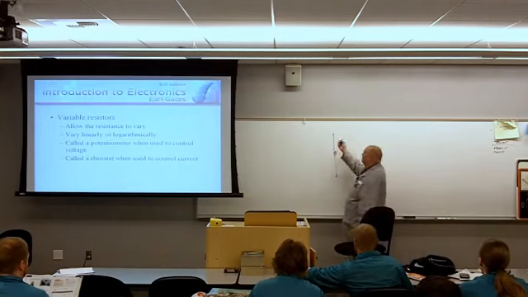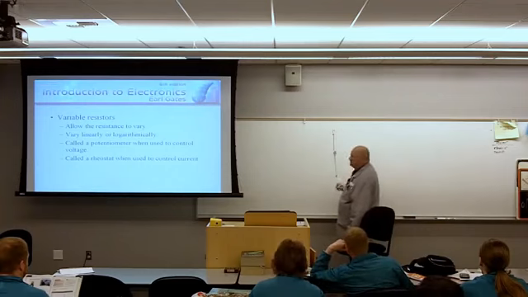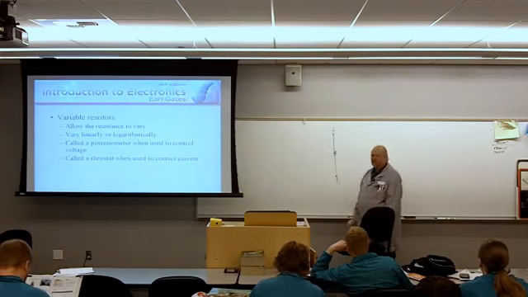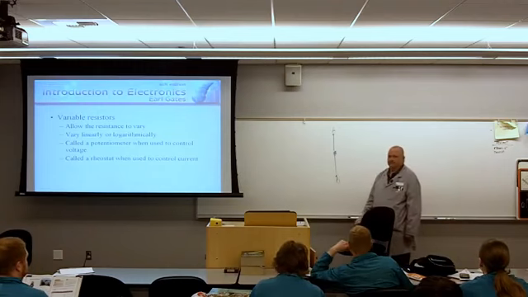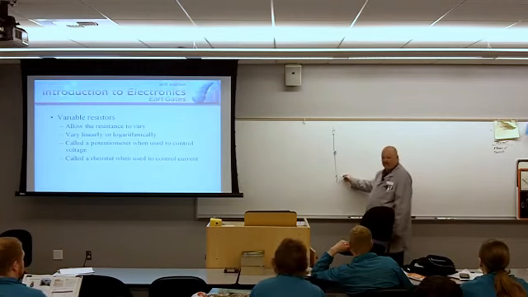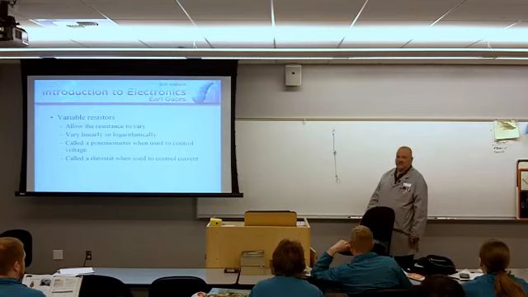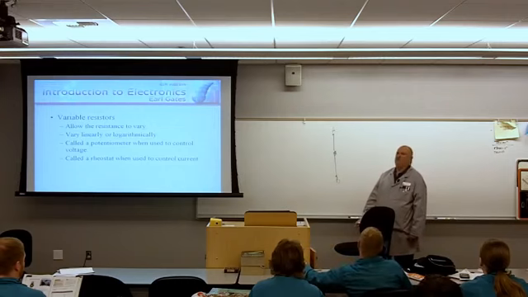And I've got terminal A and I've got terminal B. When I put my meter across terminals A and B, what am I going to measure? The resistance between A and B, the total resistance. You all agree with me on that?